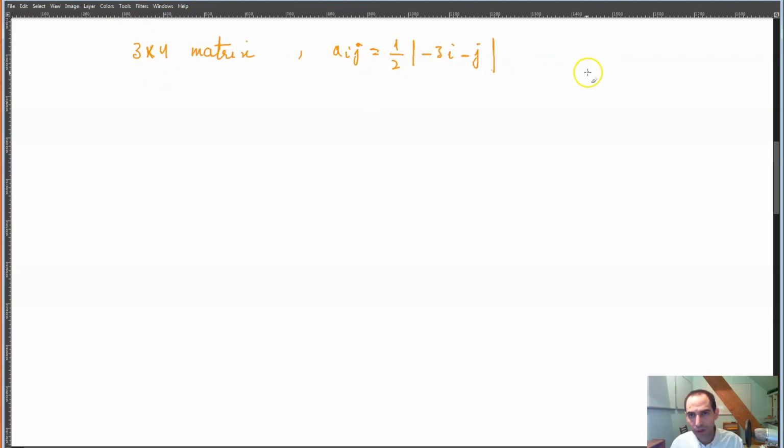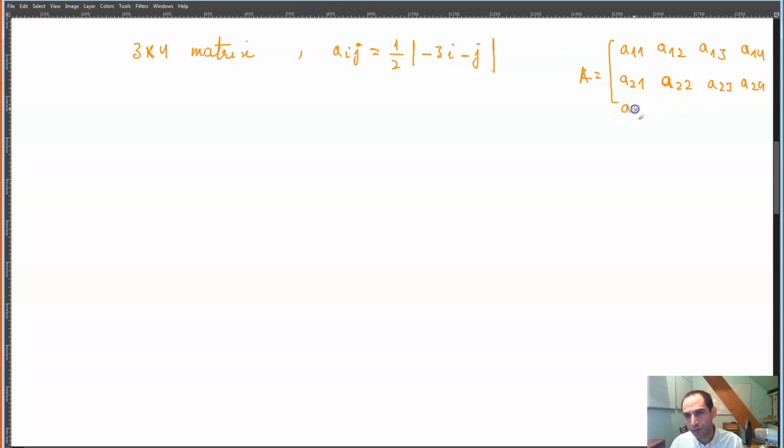For example, if I call it A, that would be A of 1,1, A of 1,2, A of 1,3. You have a 3x4. That means that you have 3 rows and 4 columns. So you will get another column here. And then you have A of 2,1, A of 2,2, A of 2,3, and A of 2,4.